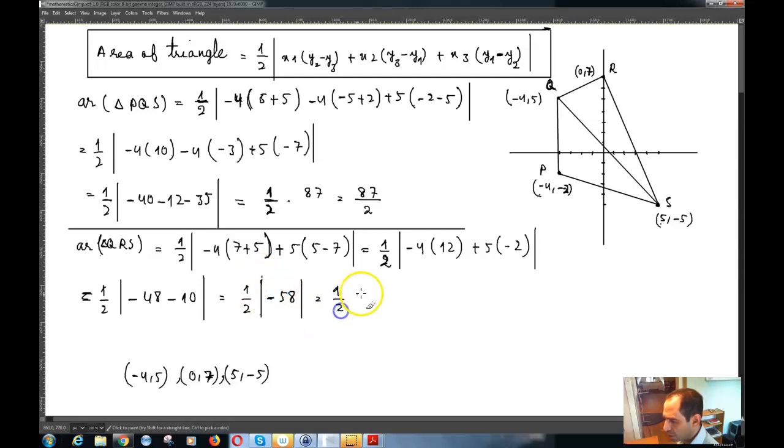That is 1/2 times 58, or let's just simply write it as 58 halves.